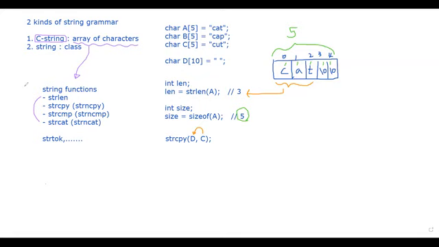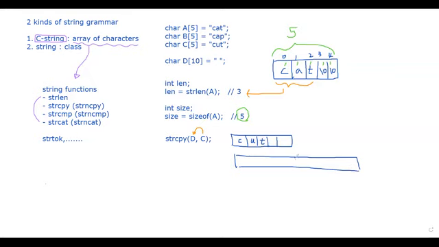So for example, I have CUT, and there are 10 spaces for the string. So C is space 5, like this, and there is CUT, right? And D is 10 spaces, so it is double the size, because there are 10.